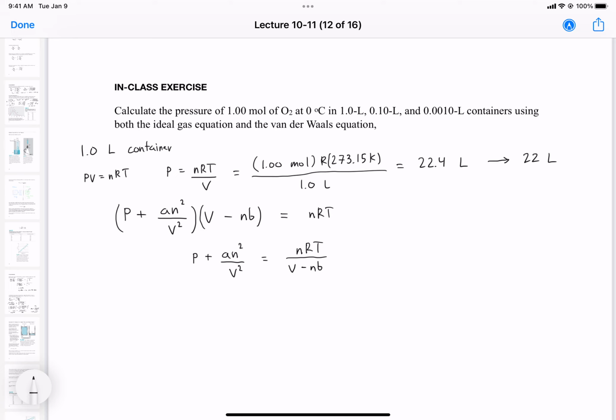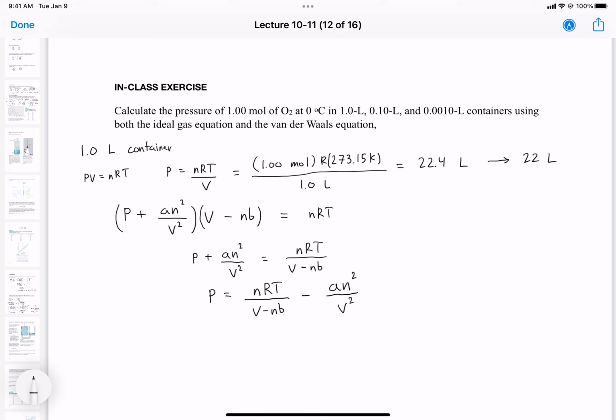Okay, so now we can subtract from both sides to isolate P here, and we get nRT over V minus nb, minus an squared over V squared.